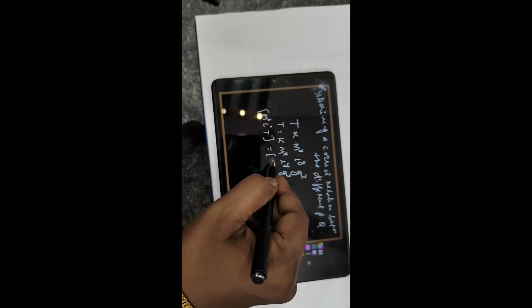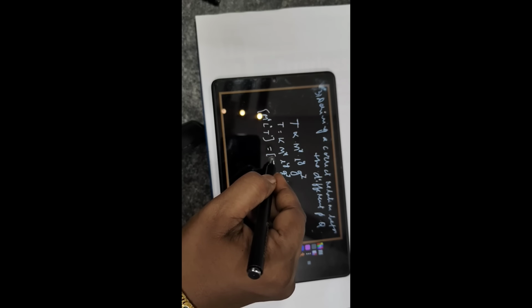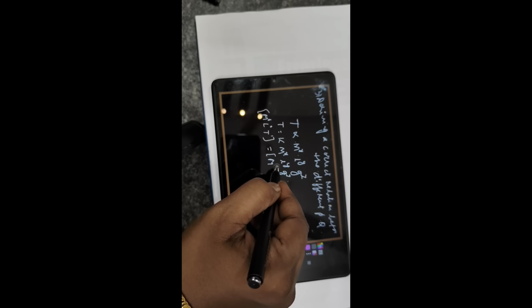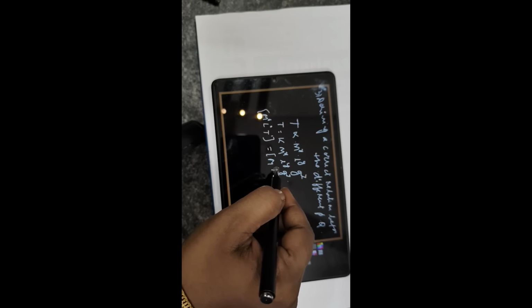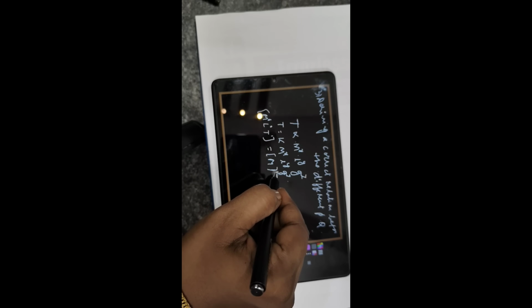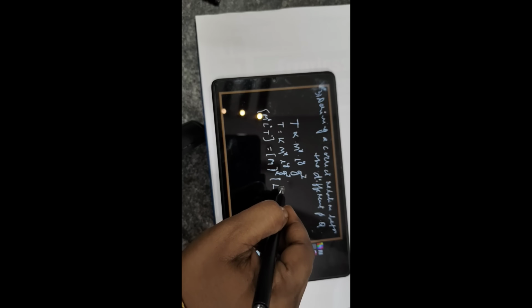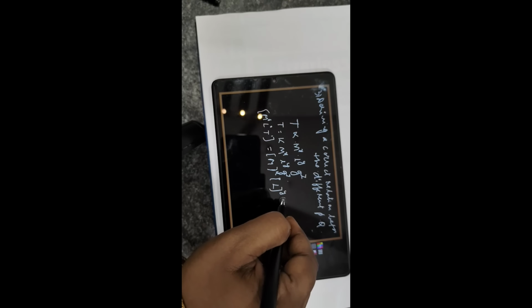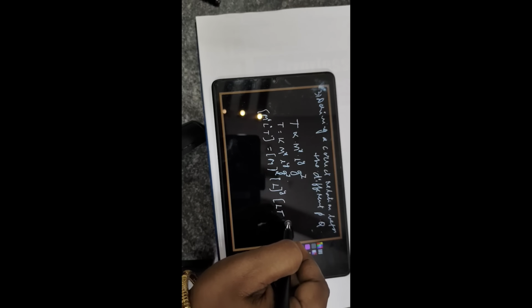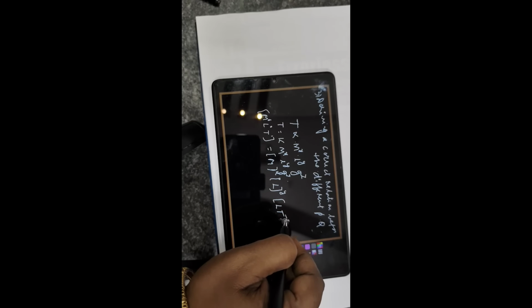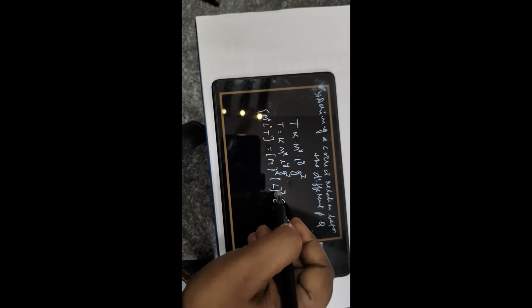So m is the mass, M raised to x, l is length, L raised to y, and g is acceleration due to gravity. So the acceleration dimension we will take as L T raised to minus 2, raised to z.